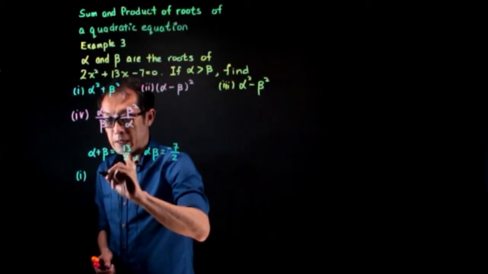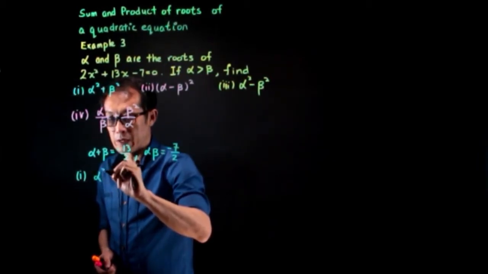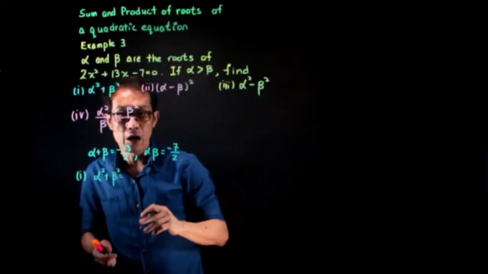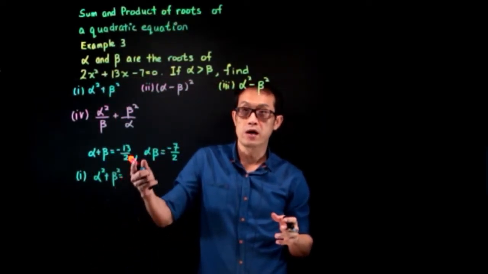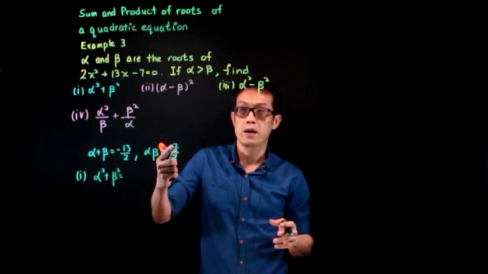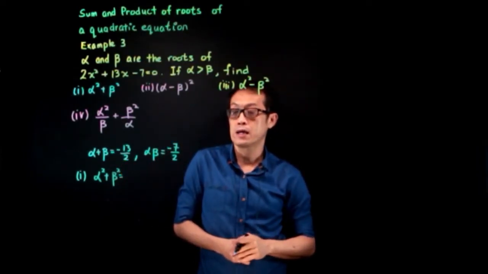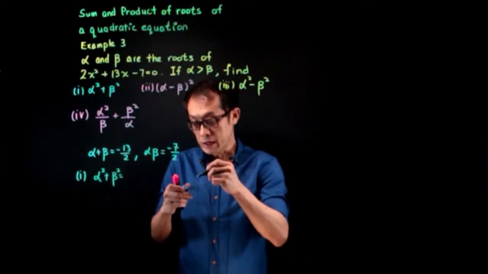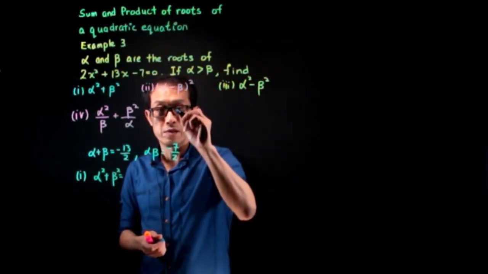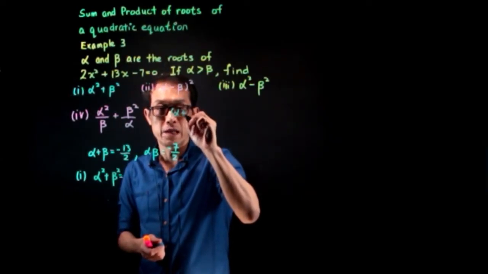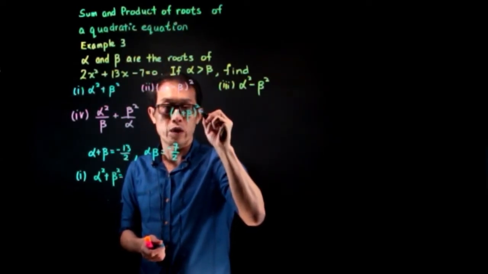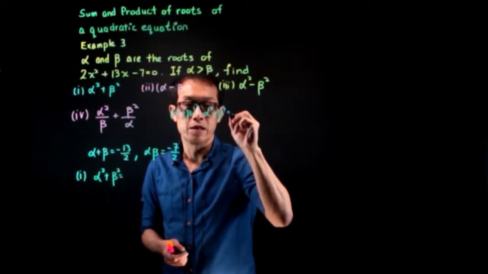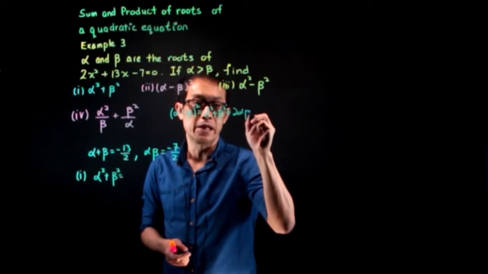Alpha squared plus beta squared. Now, we can make use of the identity. Alpha plus beta squared is alpha squared plus beta squared plus 2 alpha beta. Maybe I just write it over here. Alpha plus beta whole thing squared, you got alpha squared plus beta squared plus 2 alpha beta.